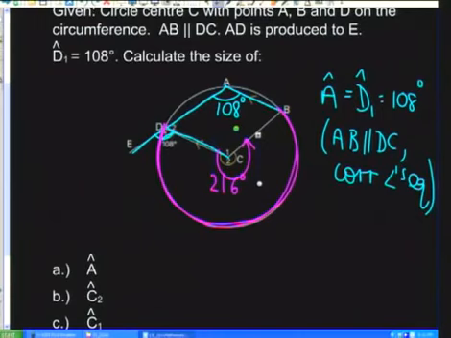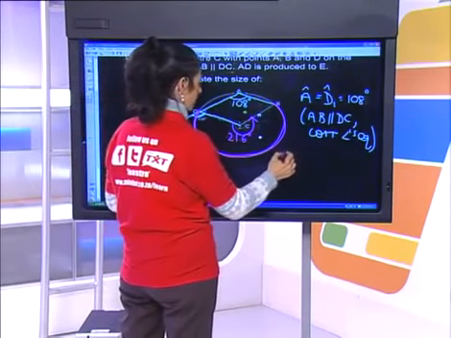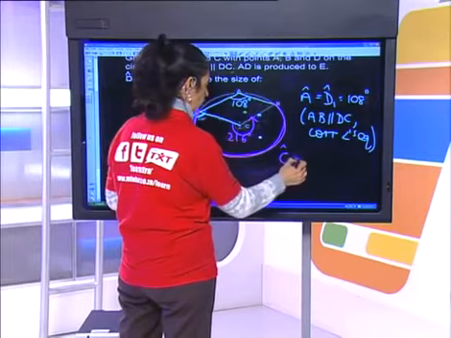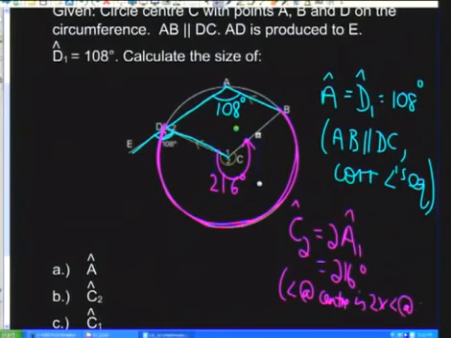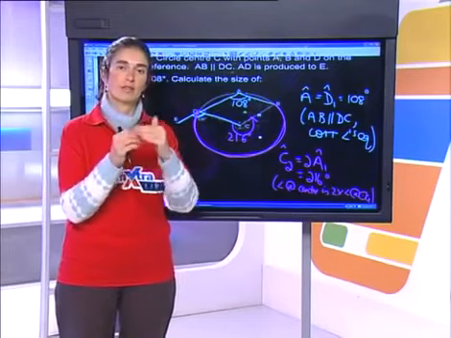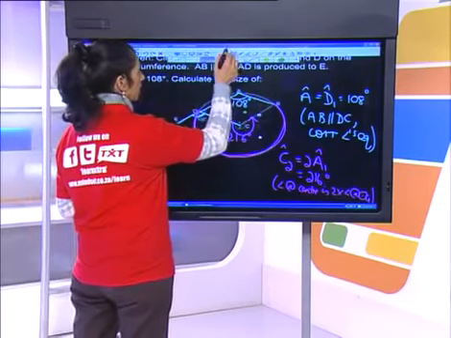The relationship between the center angle and the circumference angle will always be a 1:2 ratio. Because it's the major arc that's subtended at the circumference, we can say that C2 is equal to twice angle A, so it's equal to 216. And the reason that you would provide would be angle at center is 2 times angle at circumference. There's got to be that explanation that speaks about the theorem that deals with twice the ratio at the center to the circumference.